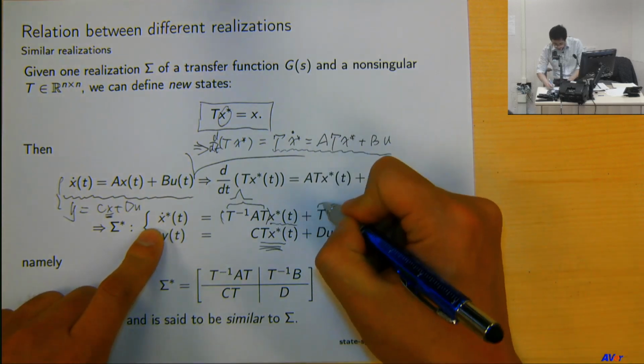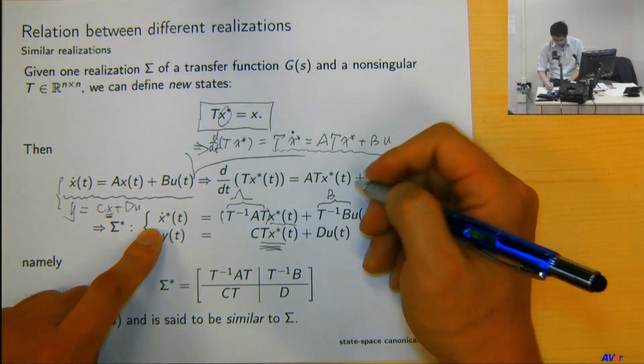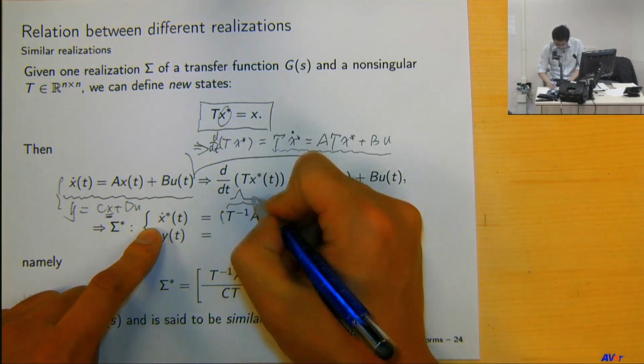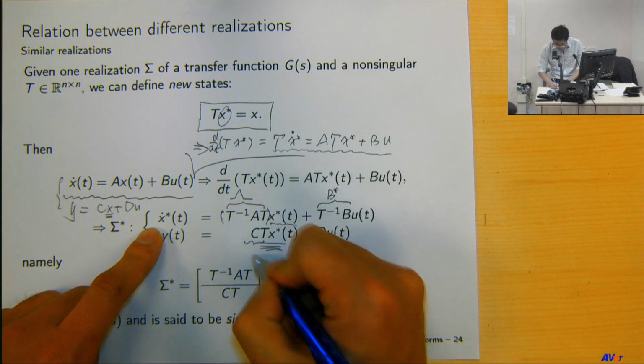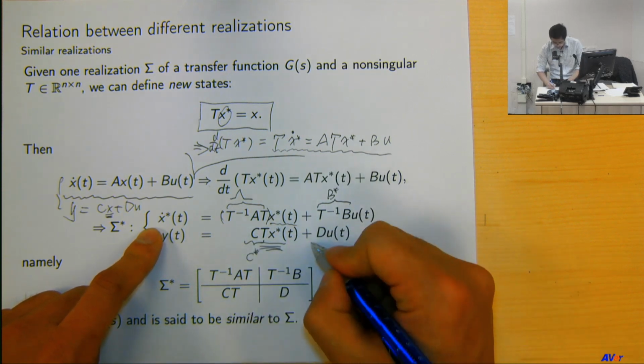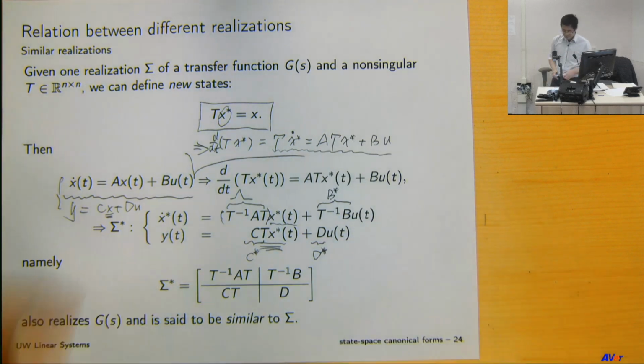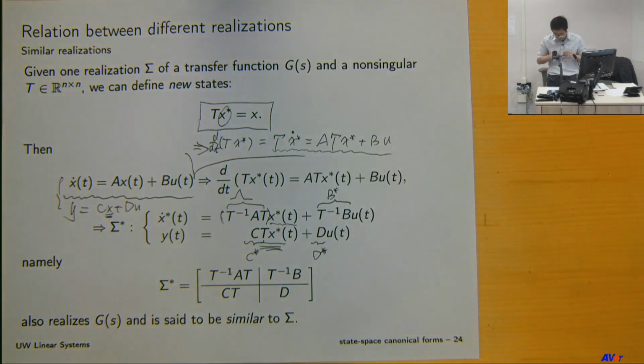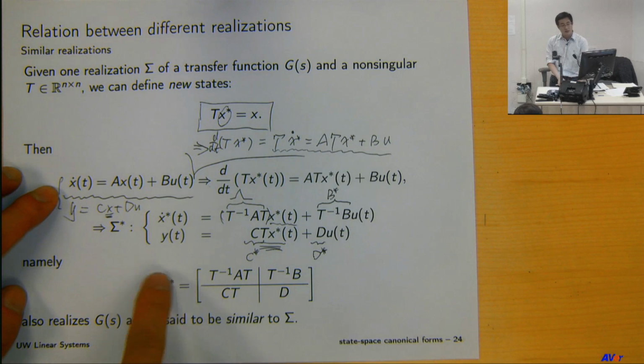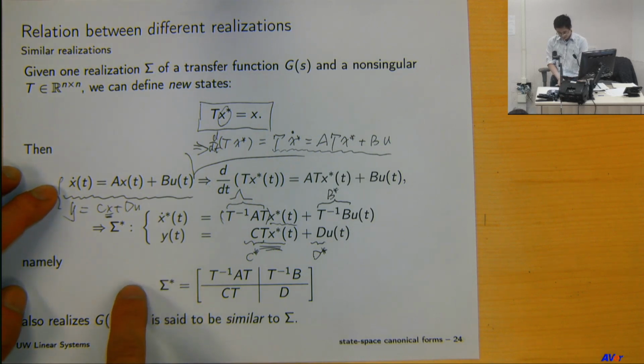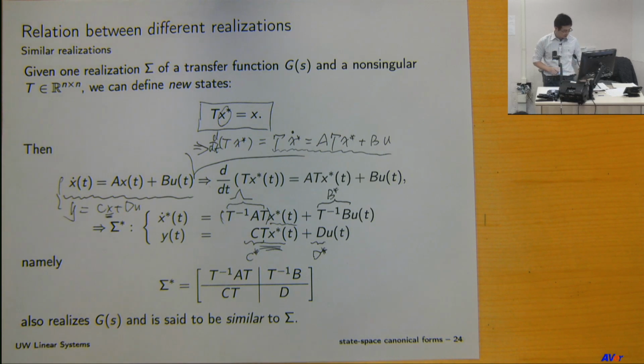And this is the new B matrix, let's call it B star. And then C times T is the new C matrix, and the D matrix remains the same. This is called a similar realization to the original system under a different choice of state. Any questions?